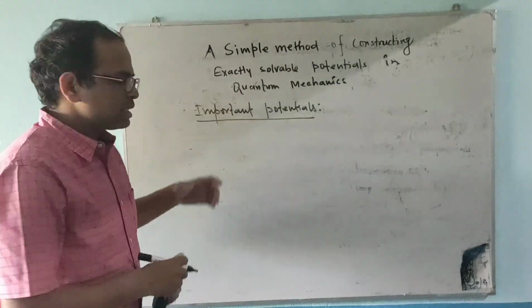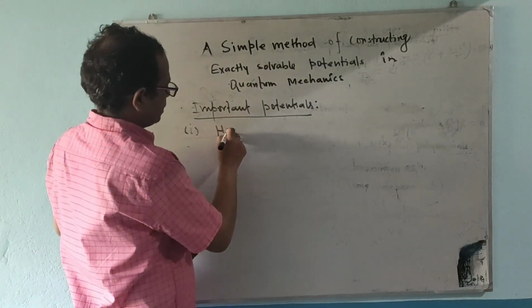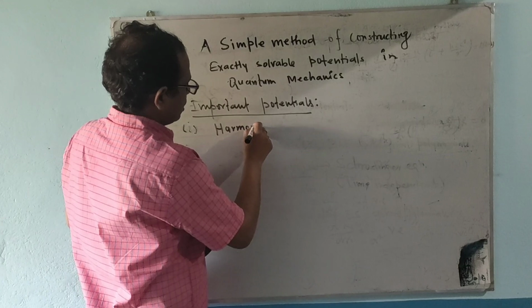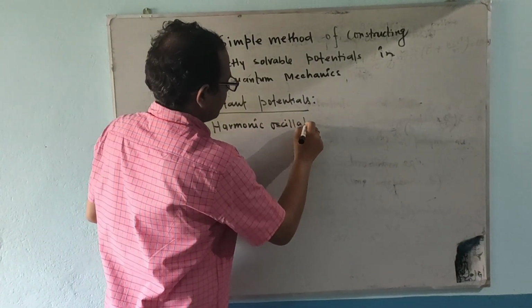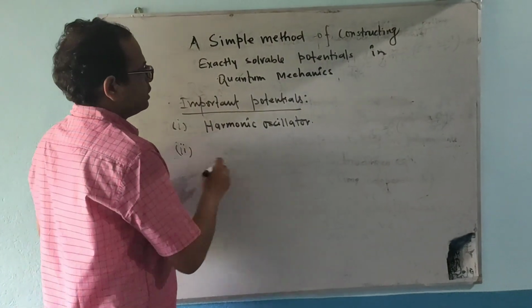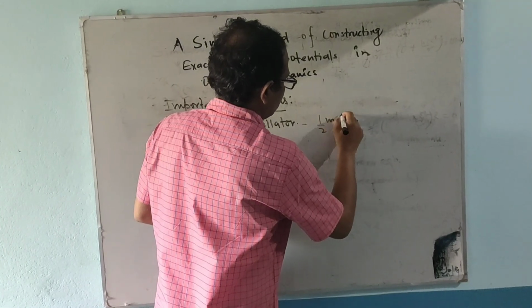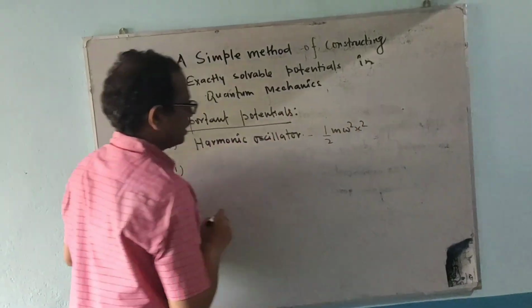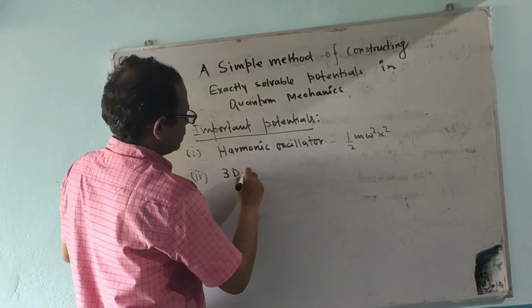Some of the potentials are, like, the harmonic oscillator. This is in the form half m omega square x square. Second one, the 3D oscillator.